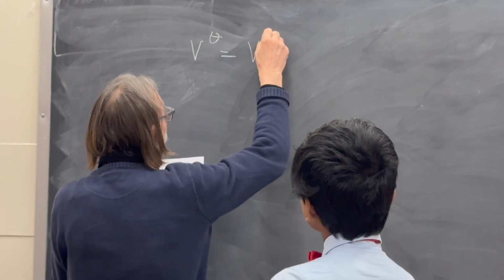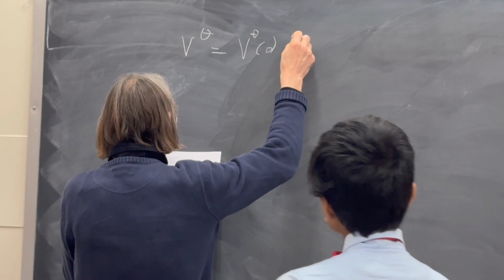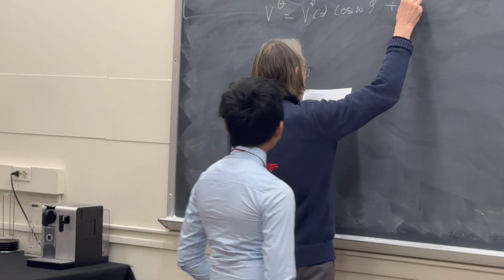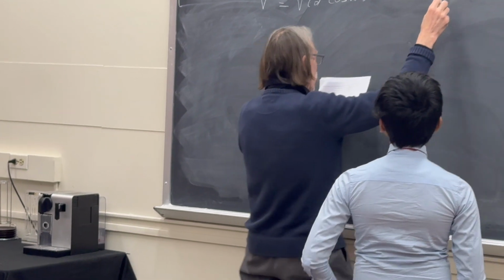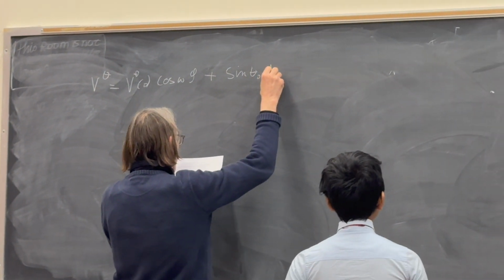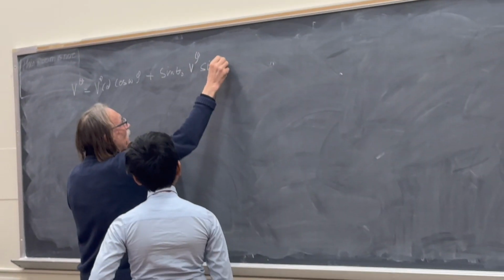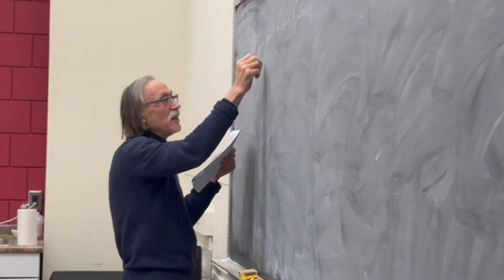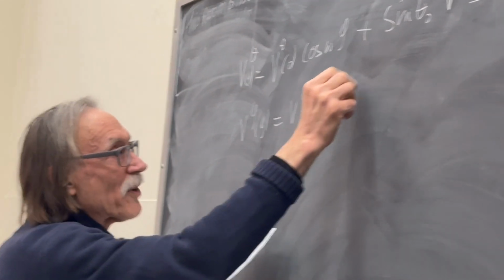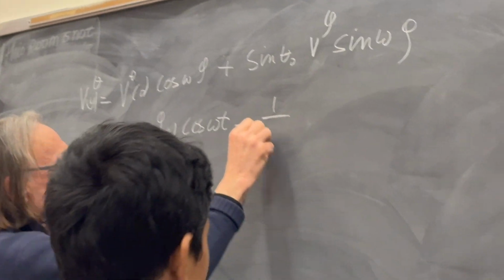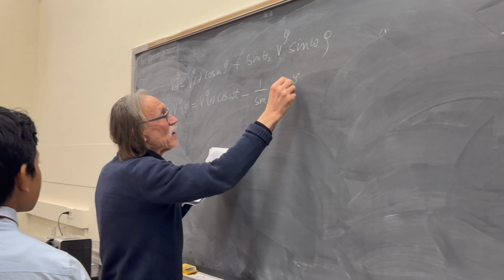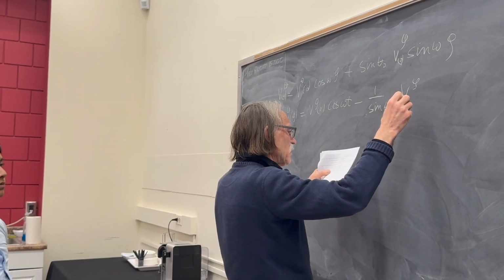Theta is equal to the phi of theta at phi equal to 0 times cosine omega phi plus the sine of theta 0 times, and here we have v phi, which is a function of phi, equal to v phi at 0 times cosine omega phi, and here we have minus 1 over sine of theta 0 times v phi, and this is also at 0.